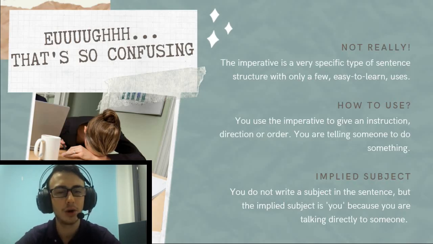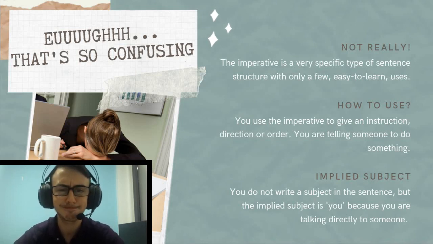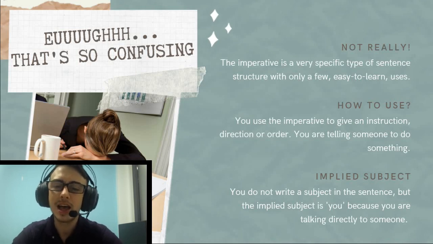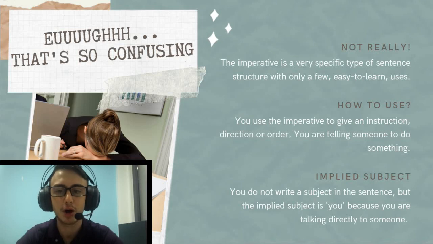Now, I know that sounds a little confusing. Sure, it is. Normally, you use a subject. You use I, you, he, she, it, we, they. But in this case, there's nothing. And it's because the imperative is a very specific type of sentence structure with only a few easy to learn uses.